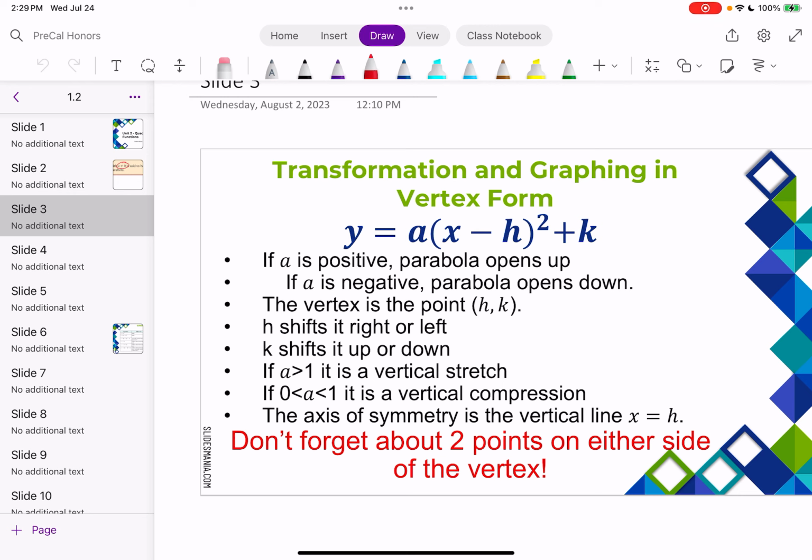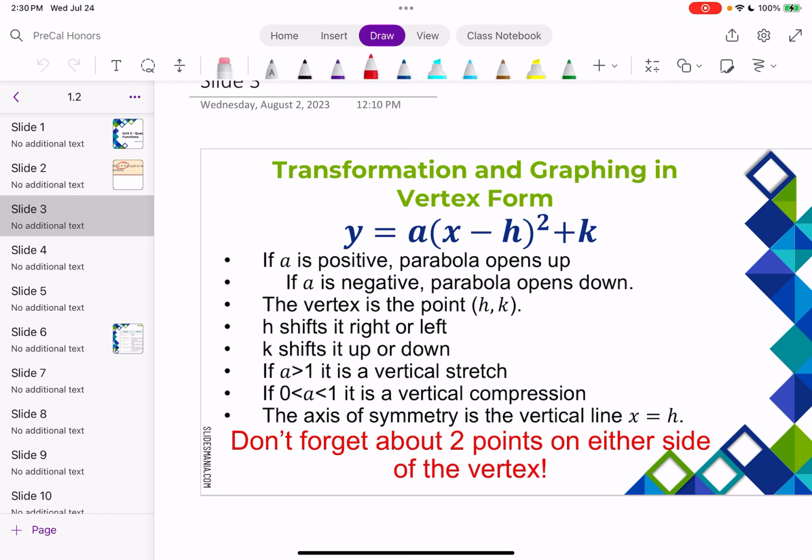A transformation would be if it moved left, right, up, down, or if the parabola opened up further or became more narrow. Now, here we're going to go over vertex form and how each one of the letters within that equation relates to a transformation that occurs.